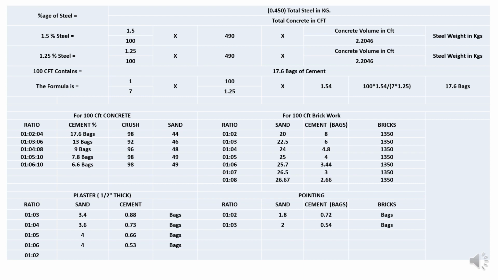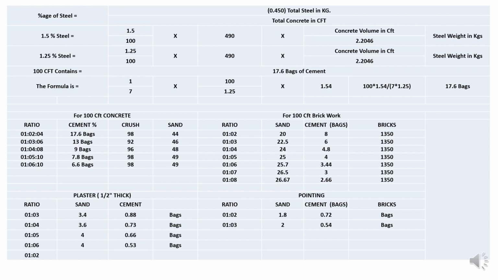Okay. Plaster half inch thick, ratio 1:3, 4 CFT, 0.88 bags. 1:4, 3.6 CFT, 0.73 CFT of sand. 1:5, 4 CFT of sand, 0.66 CFT of cement. 1:6, 4 CFT of sand and 0.53 bags of cement.